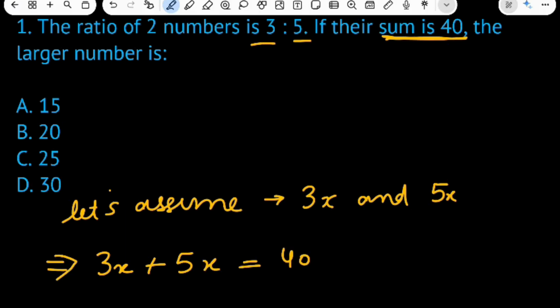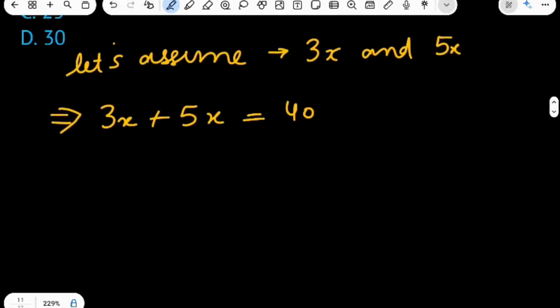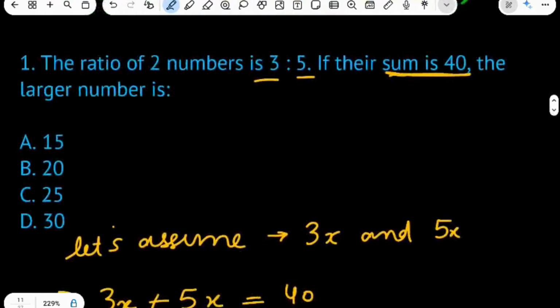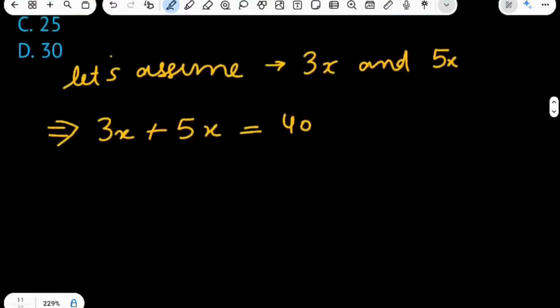Alright students, so now we have the two numbers 3x and 5x, and the sum of these two numbers is 40. The question asks what is the larger number among them.